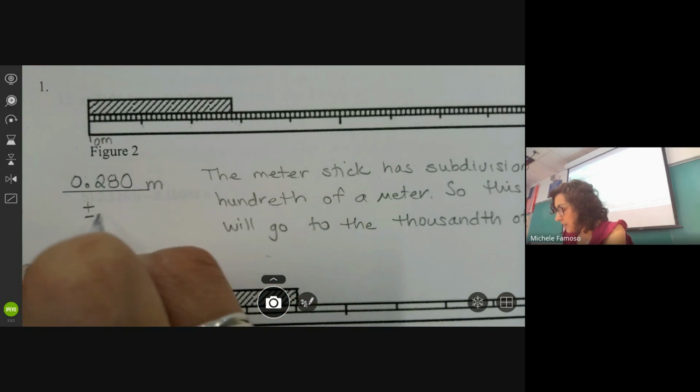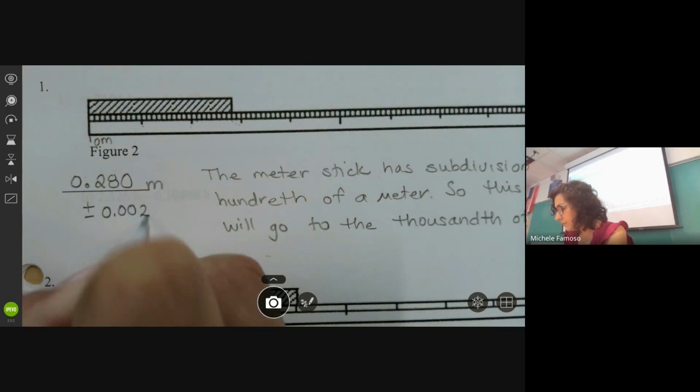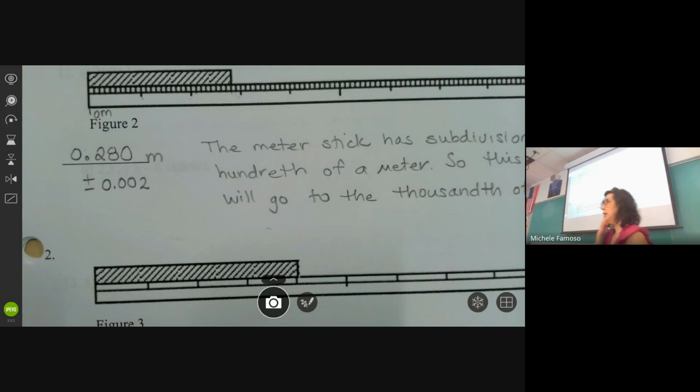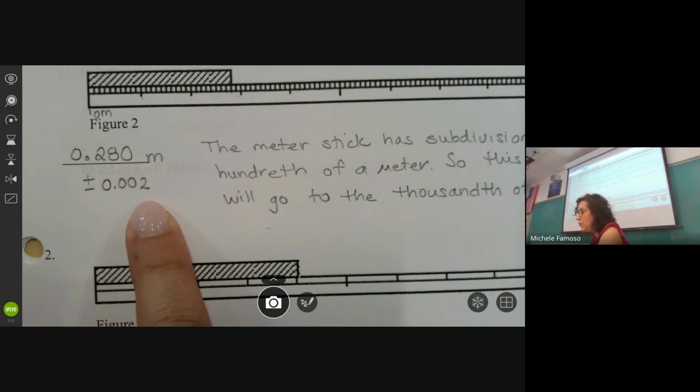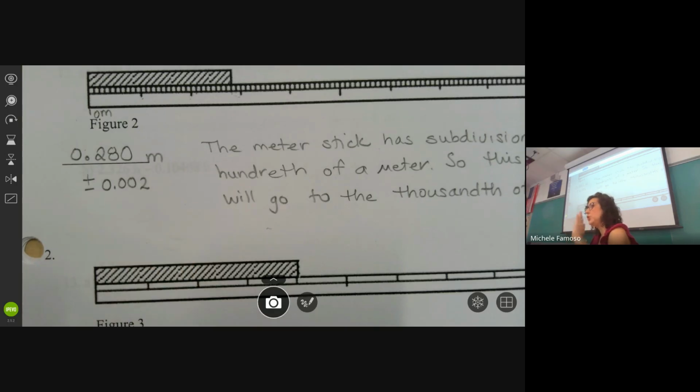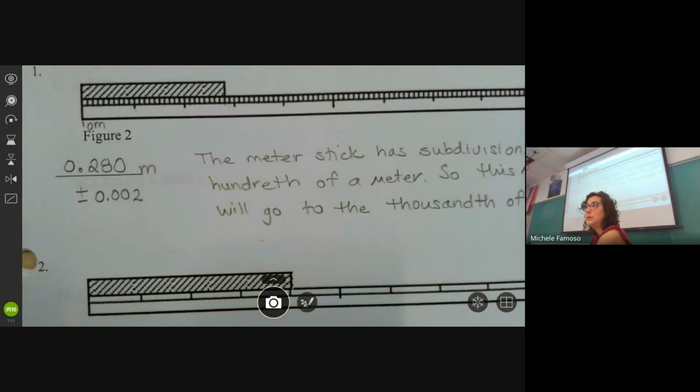Now, in terms of a tolerance, we always give you plus or minus 0.2 of the measurement you have. So in this place, since that's your estimated digit, we expect you to be within 0.002. So if you said 0.278 to 0.282 meters, I would give it to you. But if you just wrote 0.28 meters, that's going to be marked wrong. Why would 0.28 meters not be a correct answer for this ruler?